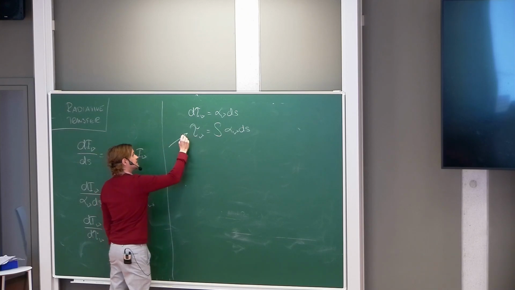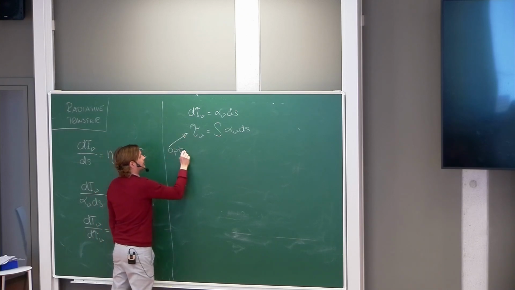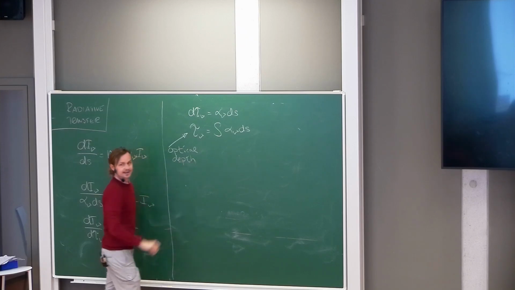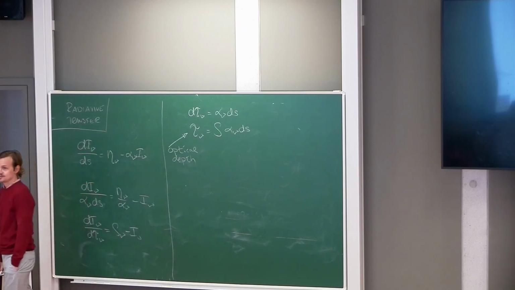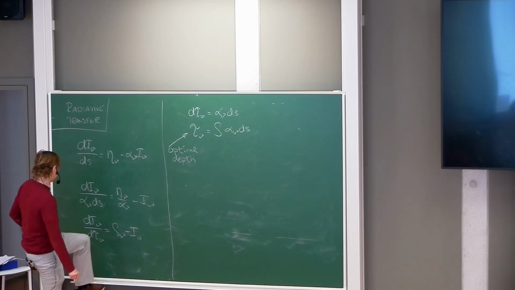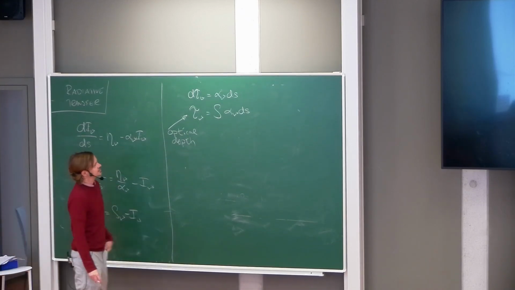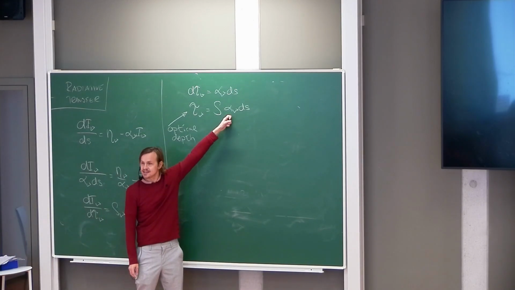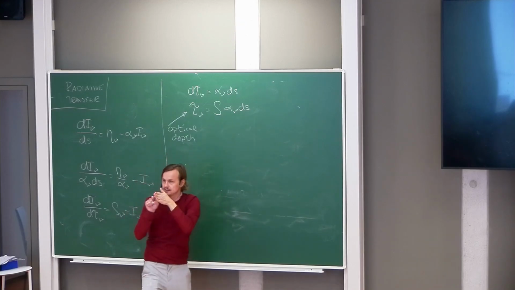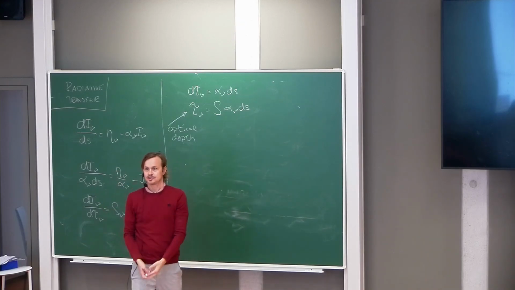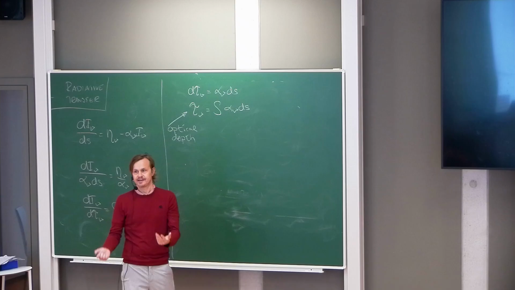This is the optical depth that I was referring to already before the break in the discussion. It's just a measure of the extinction integrated along the beam. So a measure of the total extinction, the optical depth.